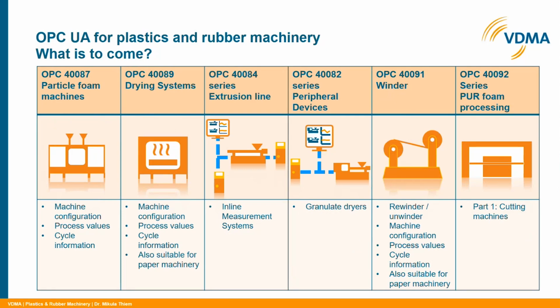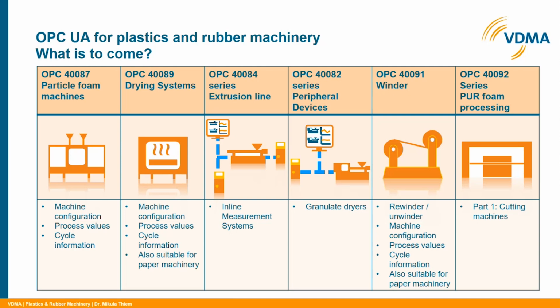And beside these published specifications, we have multiple specifications we are working on. We have multiple active working groups for different machine types. There is the 40087 for particle foam machines, the 40089 for drying systems.